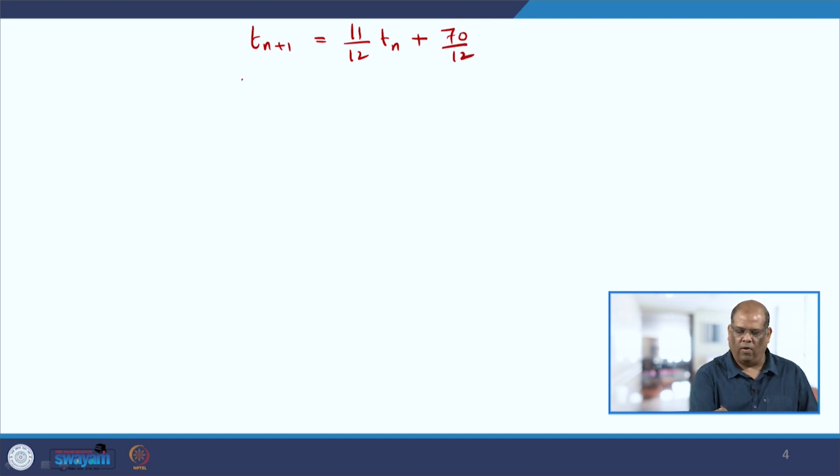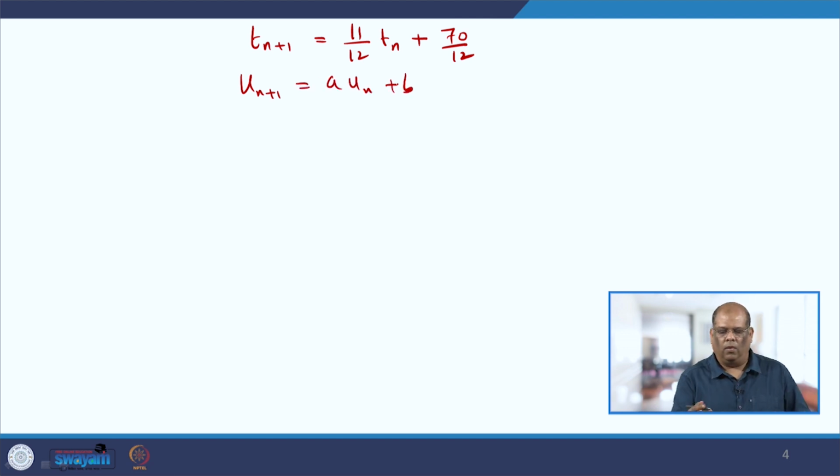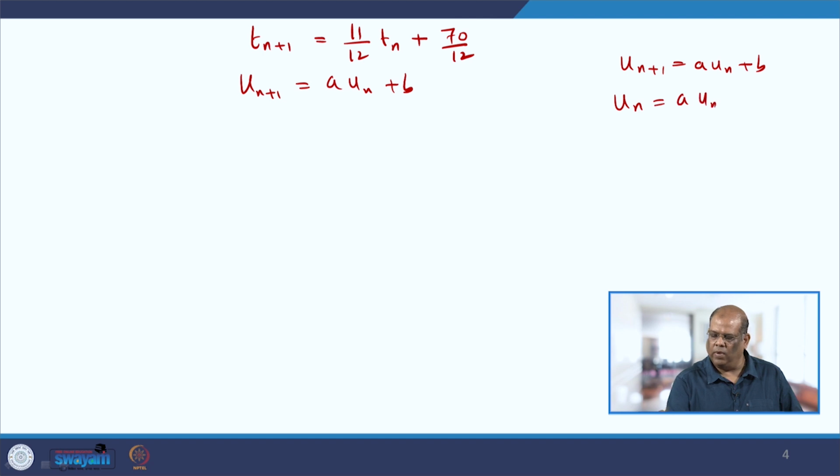This equation has the form un plus 1 equal to a un plus b. You can either recall the solution, but it is quite easy to derive. So, if I write un plus 1 equal to a un plus b, then un is a times un minus 1 plus b, un minus 1 is a times un minus 2 plus b, and so on.